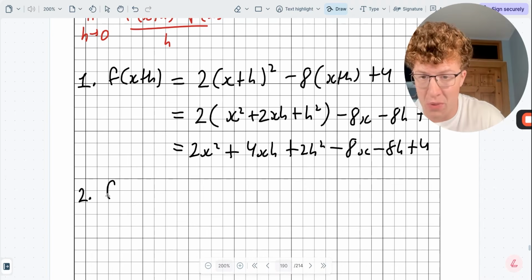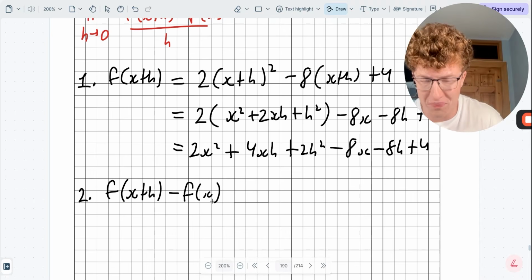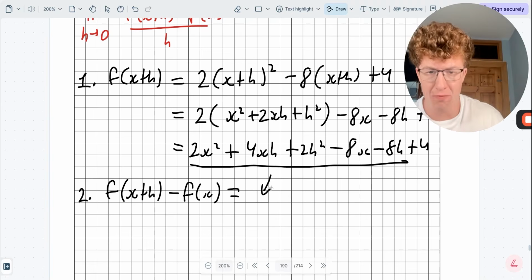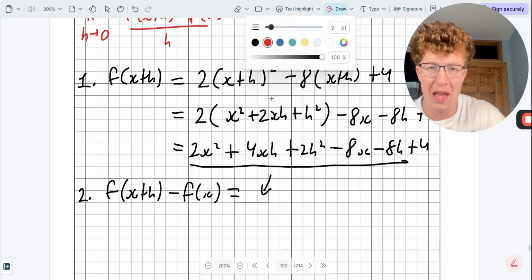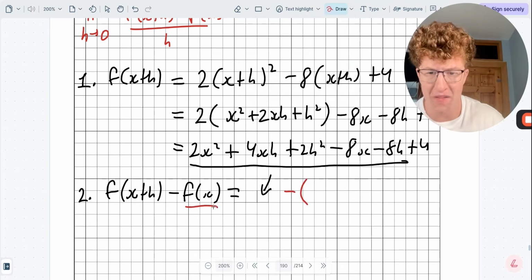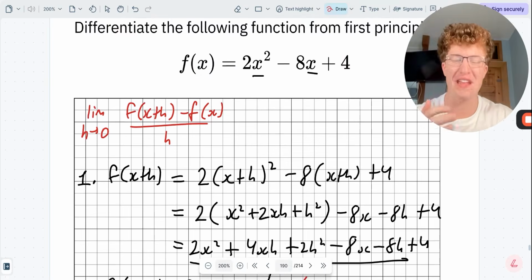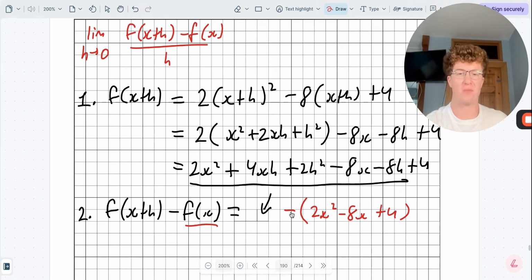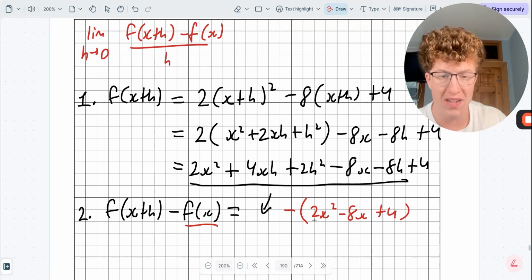Then for step 2, we want to do f of x plus h minus f of x. So now that's going to equal this whole thing up here. Just imagine that's written down there again. But we want to minus f of x, just f of x. So that's going to be minus 2x squared minus 8x plus 4, like that. So we're going to have a minus here, minus 2x squared.